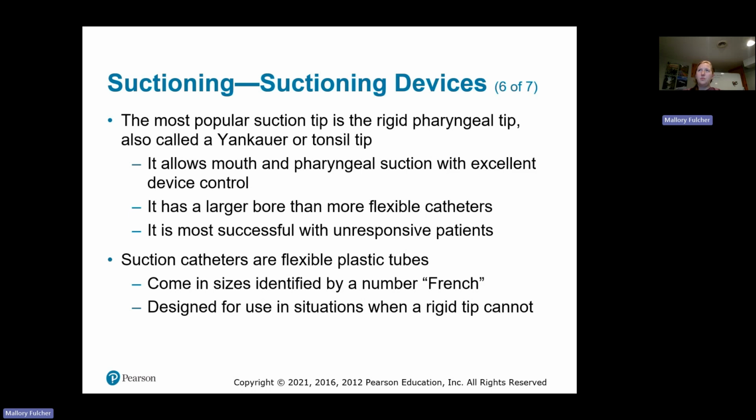So it kind of goes backwards from what you would think. So if I've got a 22 French versus an 18 French, the 18 is going to be a bigger diameter. The 22 is going to be small. So soft suction can be really helpful when suctioning pediatric patients. Also, if we're going to be suctioning down one of those supraglottic tubes, we're going to use the soft suction.